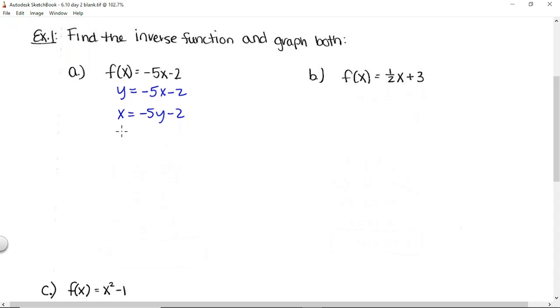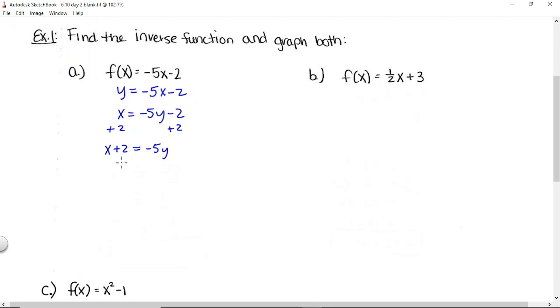We solve this for y, get y by itself. First thing to do is add 2 to both sides to get rid of that negative 2 on the right. We have x plus 2 on the left. We have negative 5y on the right.